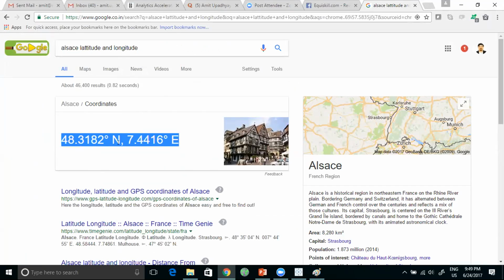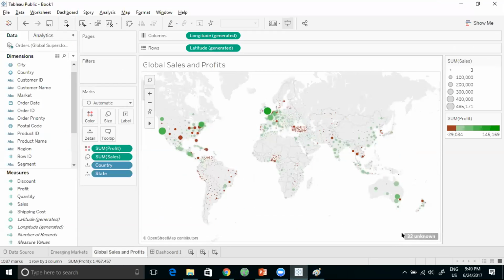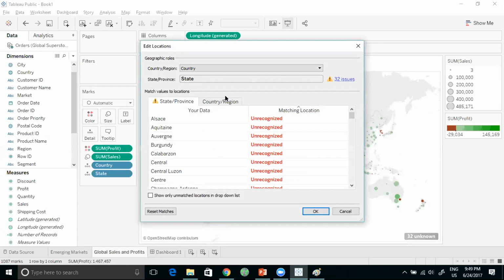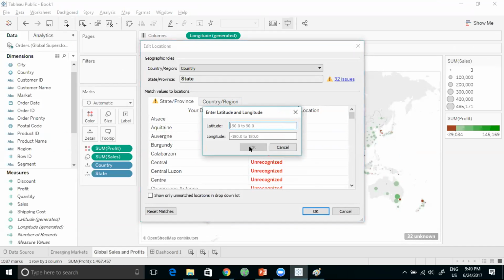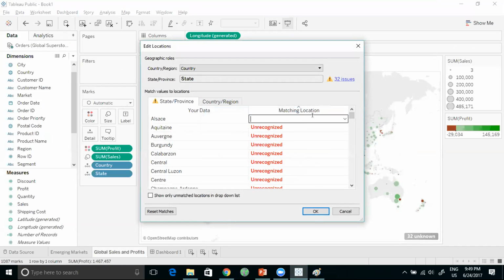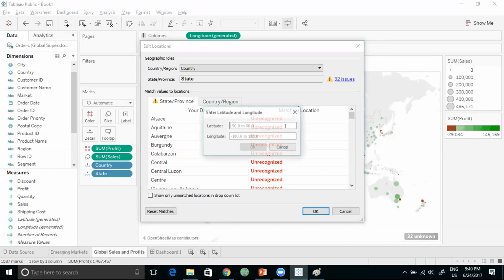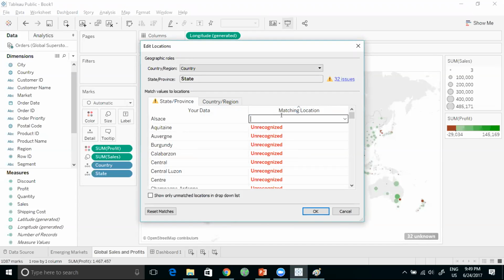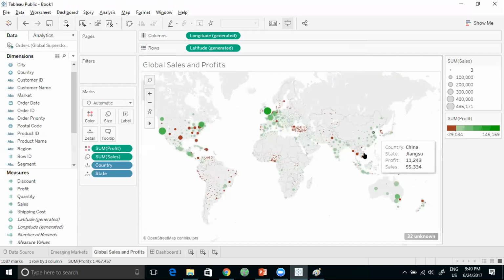I'm going to copy this and I can go and paste this in Tableau and I can resolve that error, okay? There you go. I need to just paste it in that particular format that they have there, right? I need to enter it into this particular box and I'll be able to resolve this particular error, okay? I hope that answers your question.